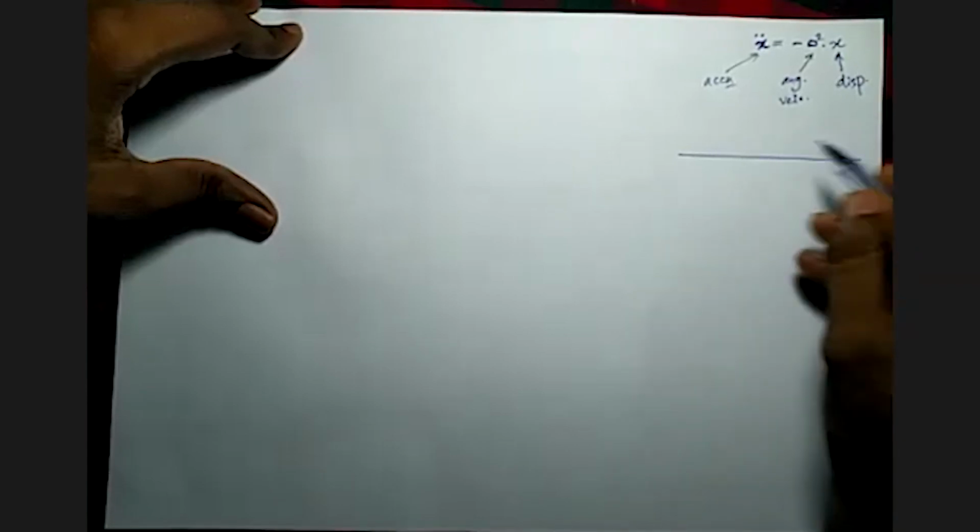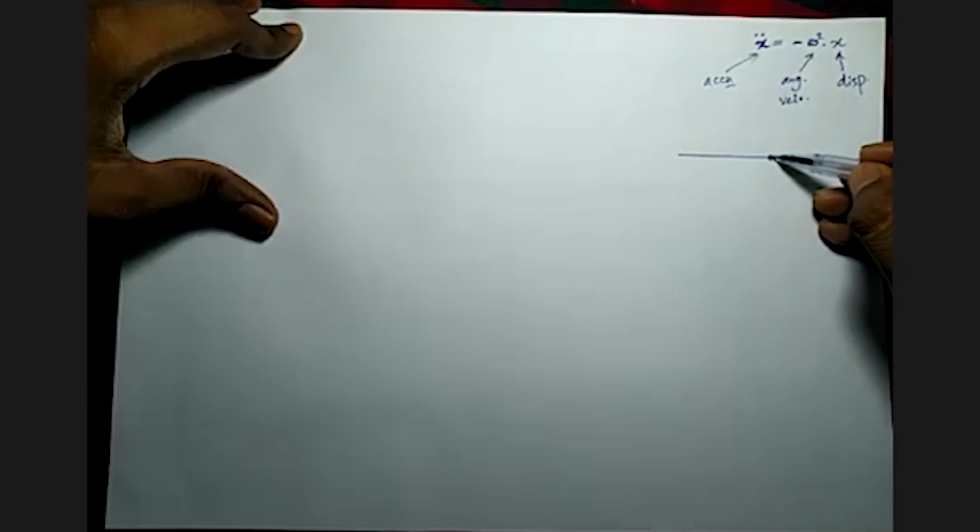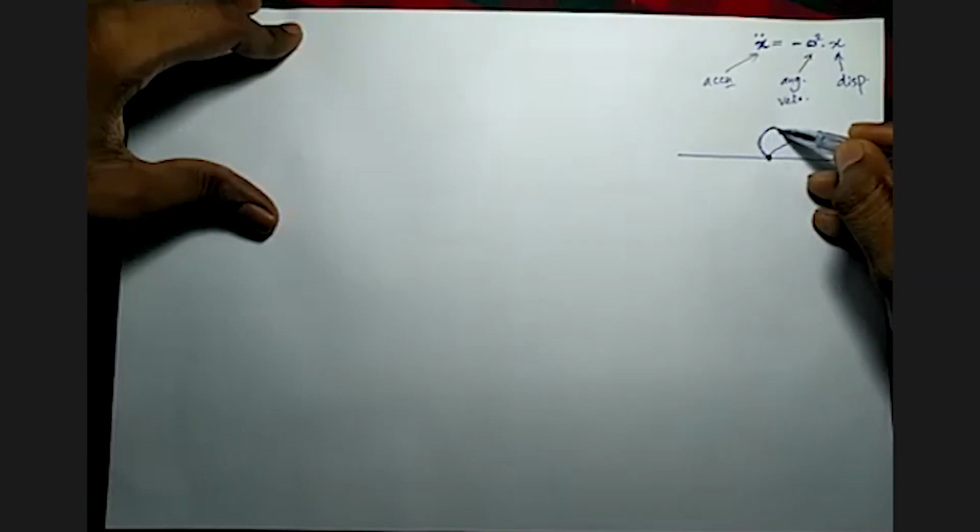Then let's consider we have a particle of mass m which is connected to a string like this. This is a slack string connected to a mass m.